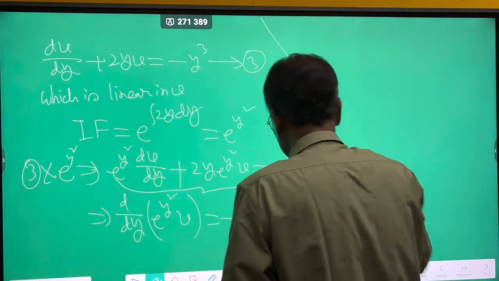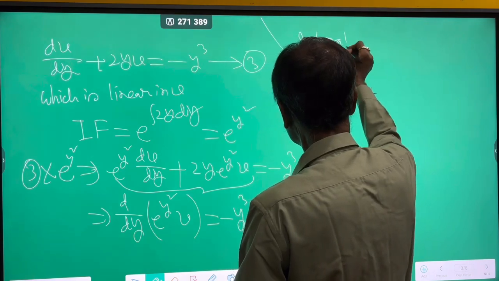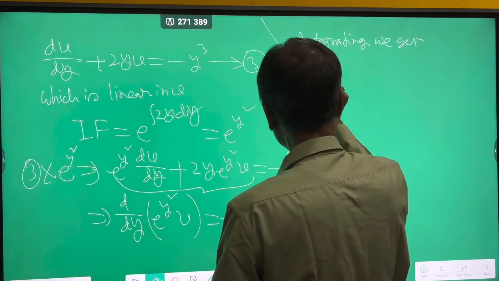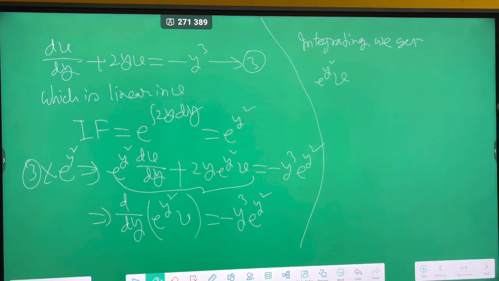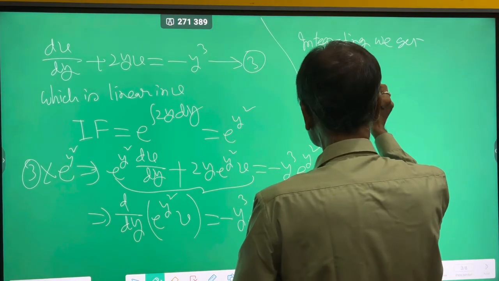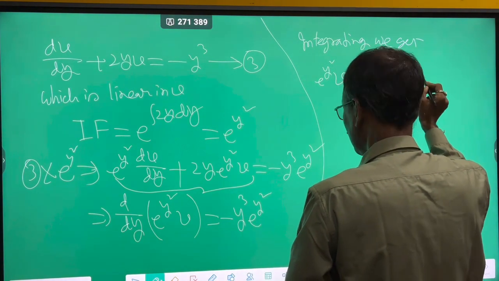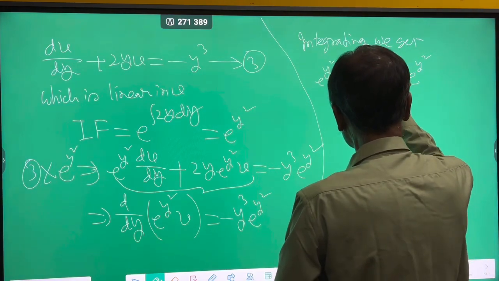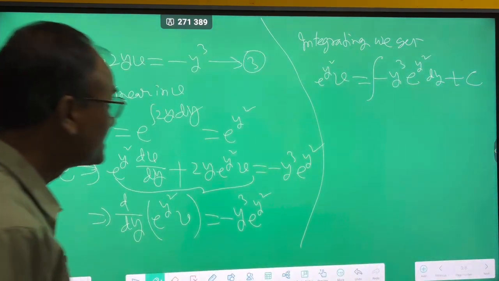Now integrating we get e to the power y square into v equal to minus integral y cube e to the power y square dy plus the constant of integration.